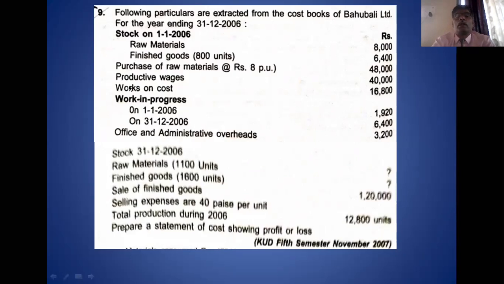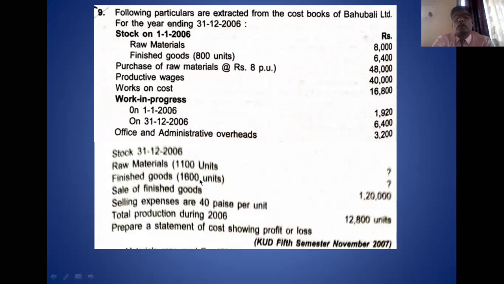Raw material is purchased at 8 rupees per unit, and you have a closing stock of 1,100 units. So you multiply 1,100 into 8, and you will get the value of raw material.